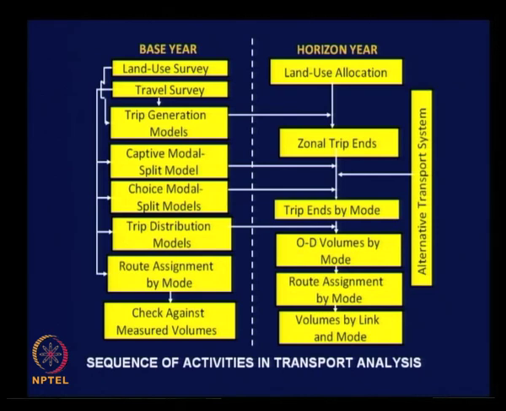Otherwise, there is something wrong somewhere and you go backwards and check every step, each of the 4 steps, and identify the errors, redo the exercise and come back to the assignment stage and again compare with the actual field observed traffic volume. Repeat the process until there is a reasonable match between your assigned traffic and actual field observed traffic, right. So, with this we complete our discussion on route assignment.